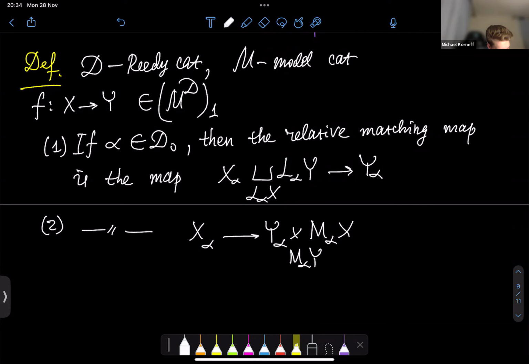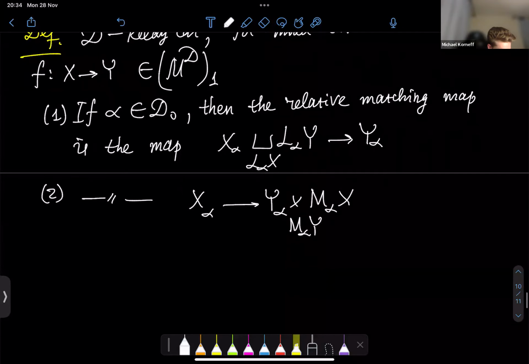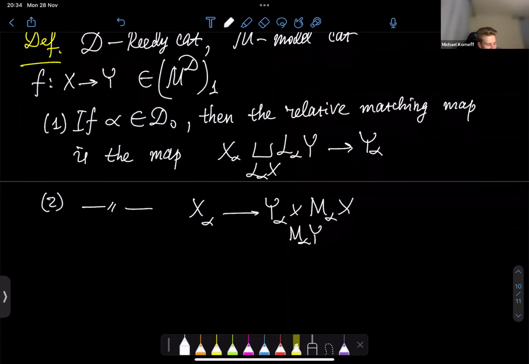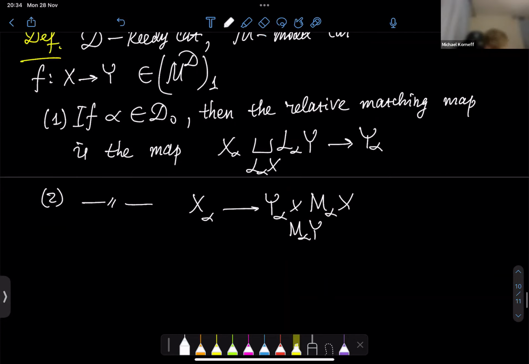Okay, and now we are ready to formulate the Reedy model structure on the category M^D.